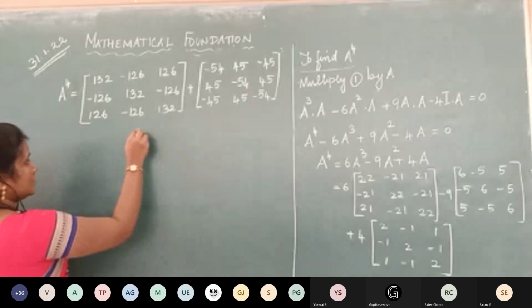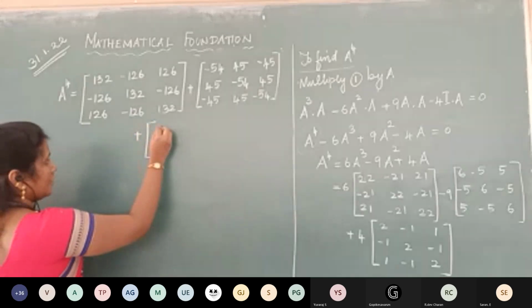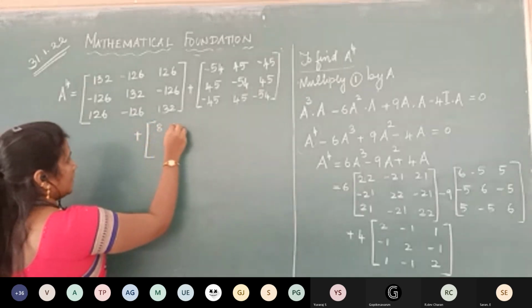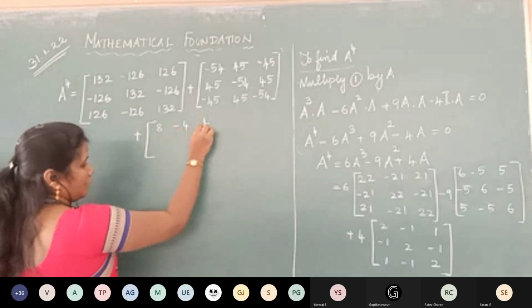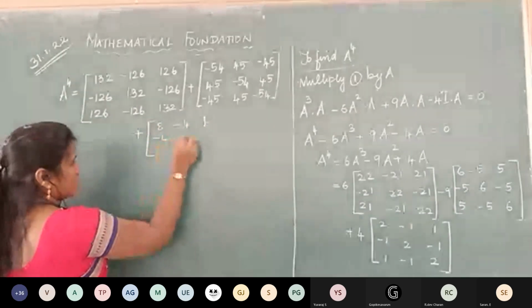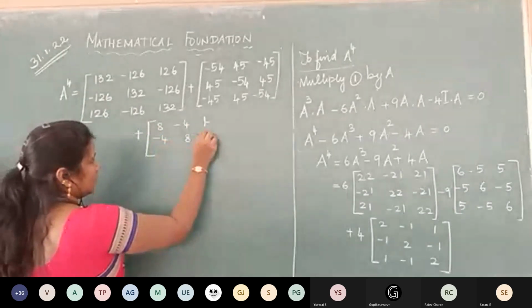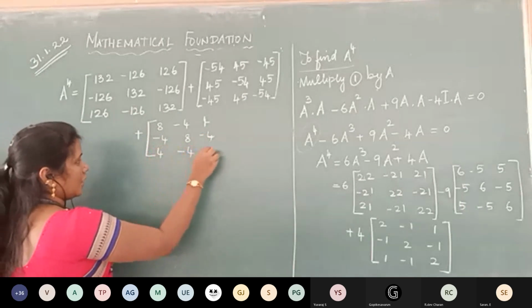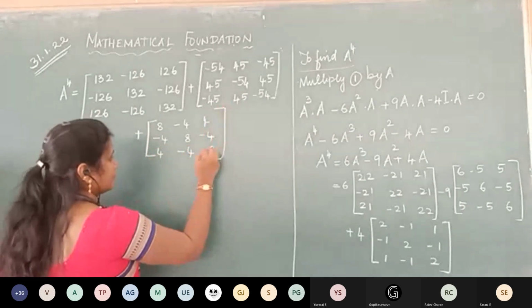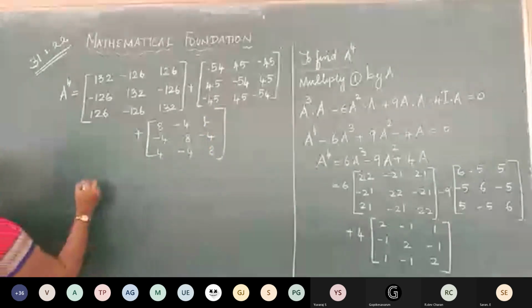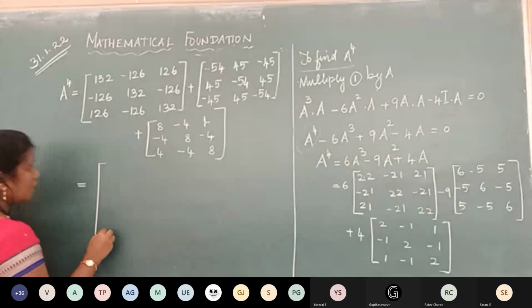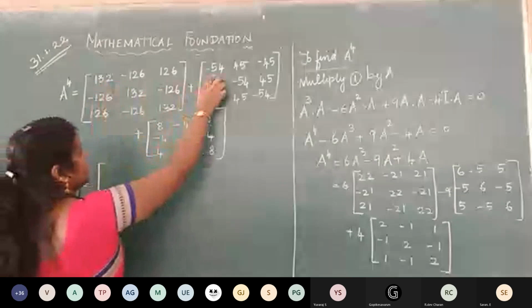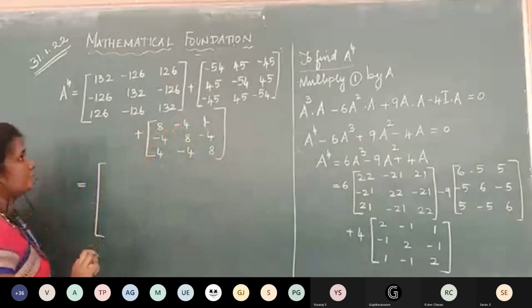And then we multiply this 4 inside, so it becomes 8, minus 4, and 8. Okay, now add it. So 132 minus 54 plus 8.